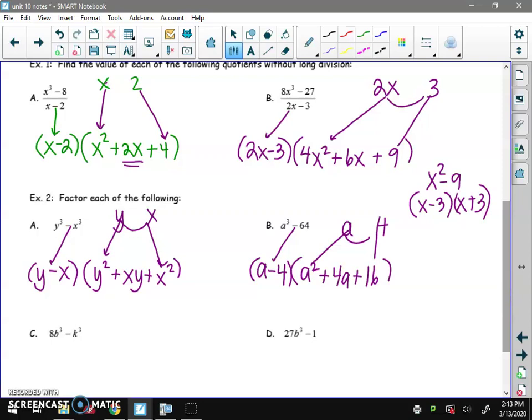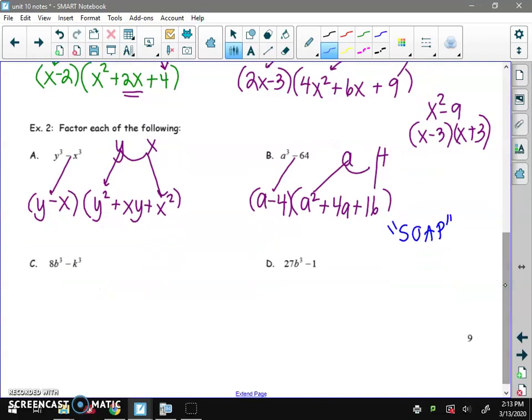Now, what's the pattern here? Well, for me, I always remember something called SOAP. When I do SOAP, what that makes me think of is that when you're doing the signs, the S stands for same, which means whatever's here is going to be the same in the first parentheses. Just like here, it was a minus and a minus. That's same.